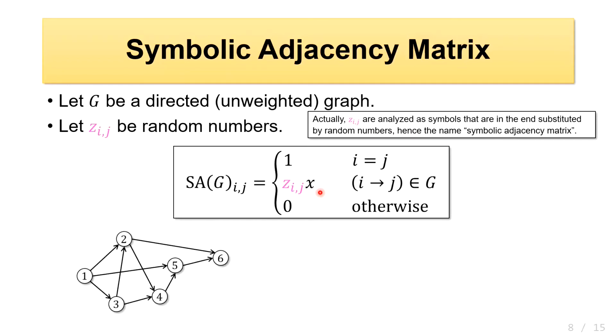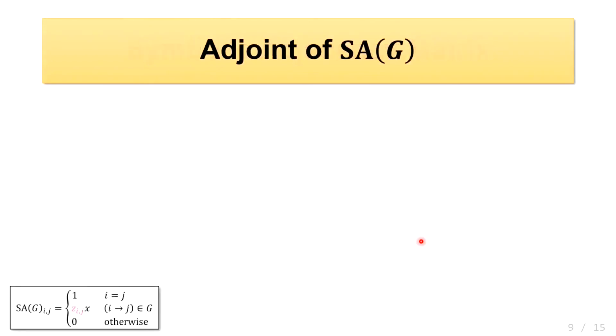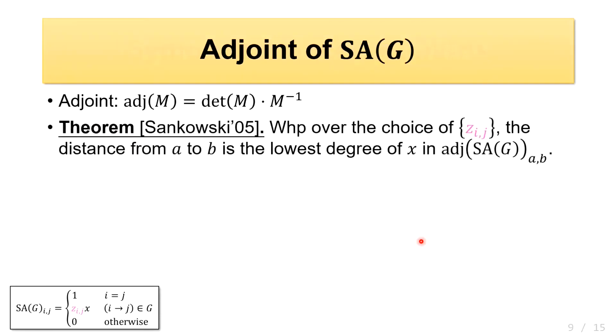To give you a small example, this is a graph with 6 vertices, and the symbolic adjacency matrix roughly looks like this. It has ones along the diagonal and some degree 1 monomial for each edge. We will consider the adjoint of SAG. For an invertible matrix M, the adjoint of M is the determinant of M times the inverse of M. The adjoint of SAG captures the shortest path information in the graph.